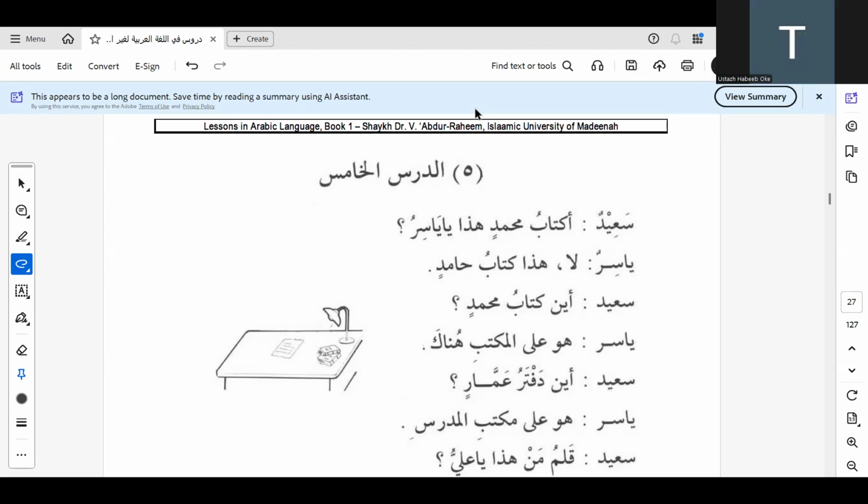We are treating lesson 5 of the Madina book, so we need you to be Yasir. Brother Rufa is representing Sa'id, and you represent Yasir. Go with the next sentence, Brother Rufa and Brother Abdul Rashid. Sa'id has asked the question, Akitabu Muhammadin hadha ya Yasir, and we are waiting for Yasir's response.